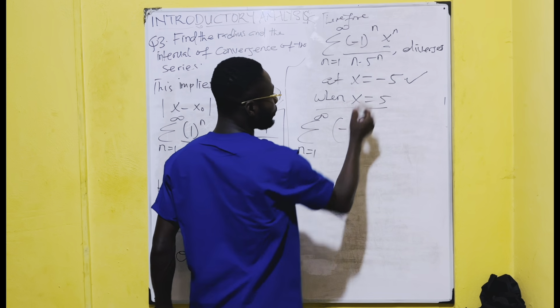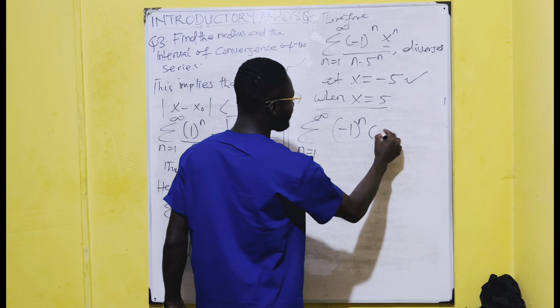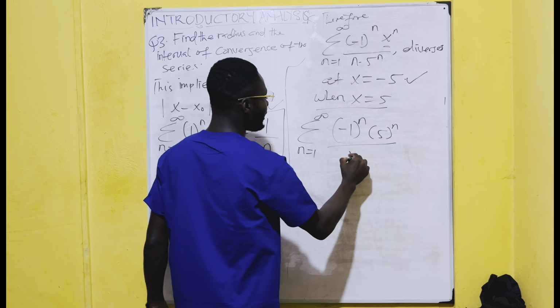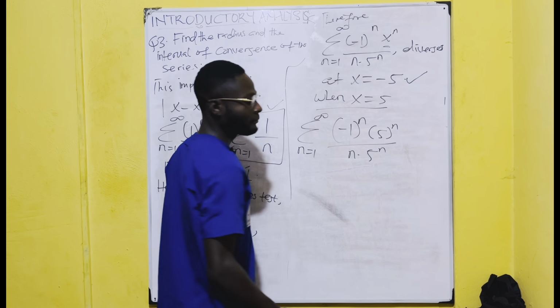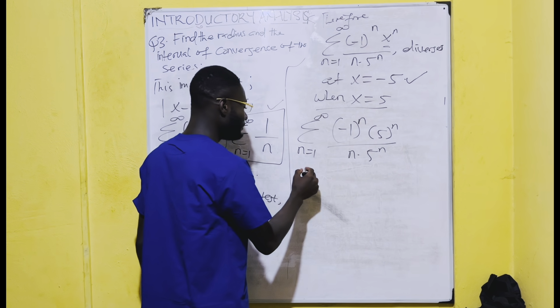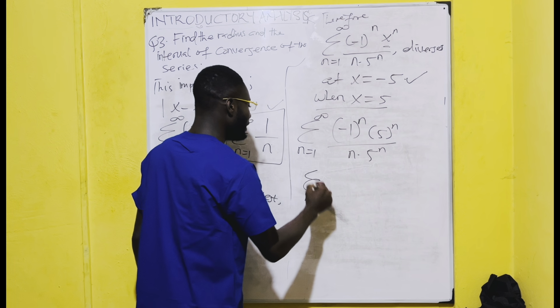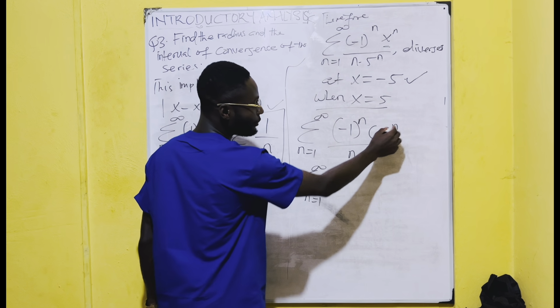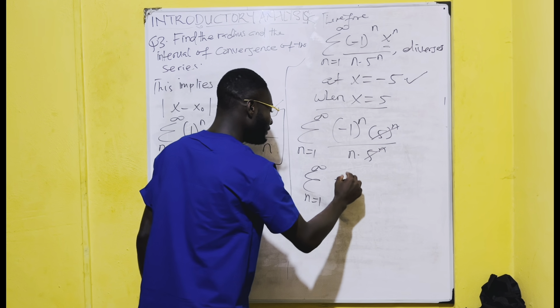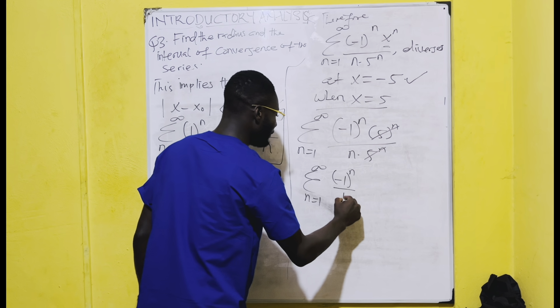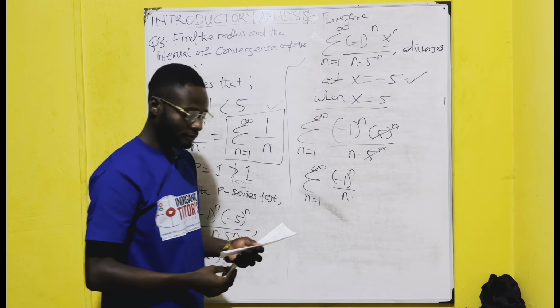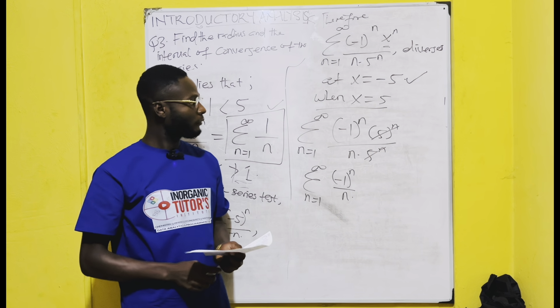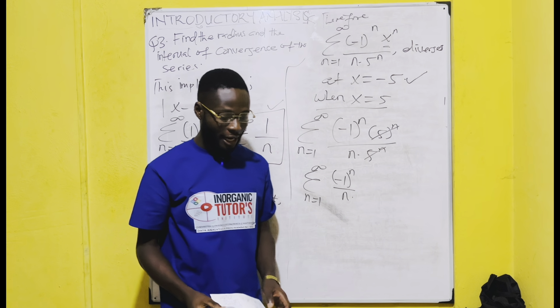Now x is +5. So we put +5 there to the power n divided by n times 5 to the power n. Right? So this basically reduces to this right here, and this will cancel this. So we have -1 to the power n divided by n. Right? That is what we have.